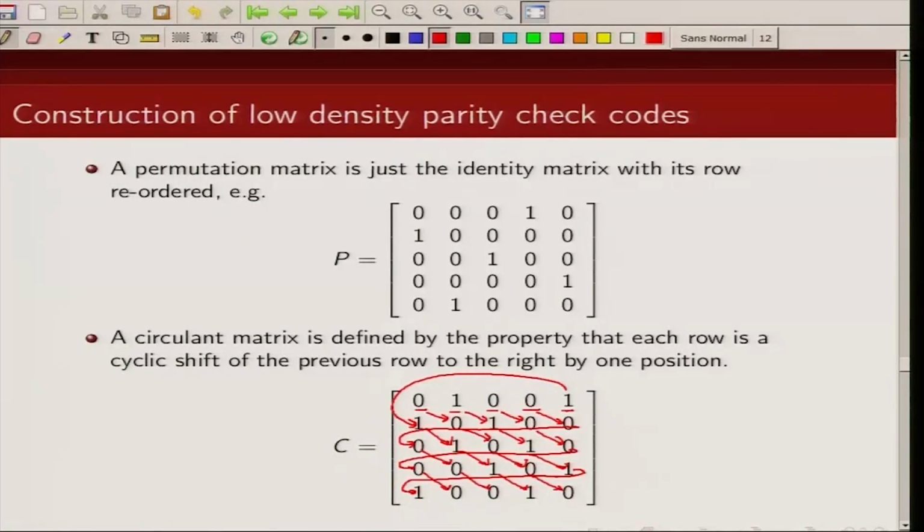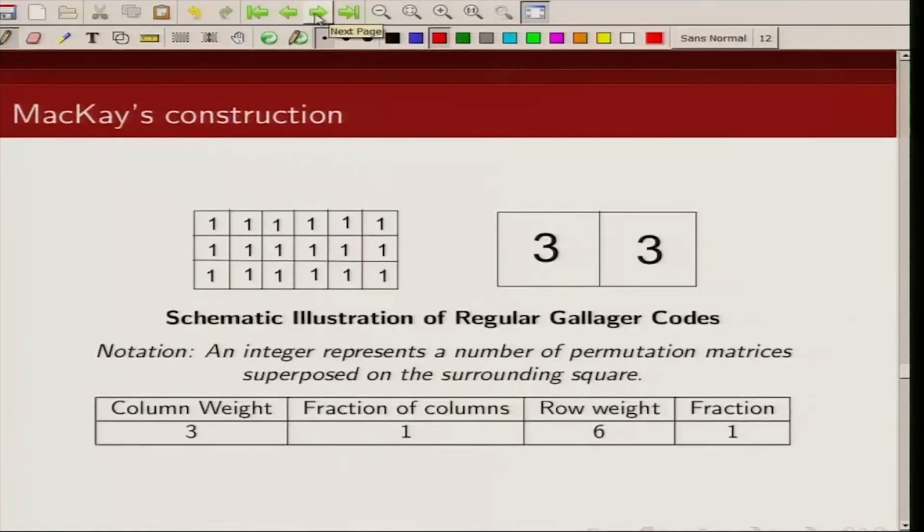So, we will now show how we can randomly construct these permutation matrices. This is just an identity matrix which is row reordered. Now, we will show how we can construct our LDPC codes using these permutation matrices. The first example that we are going to consider is an example of a regular LDPC code.